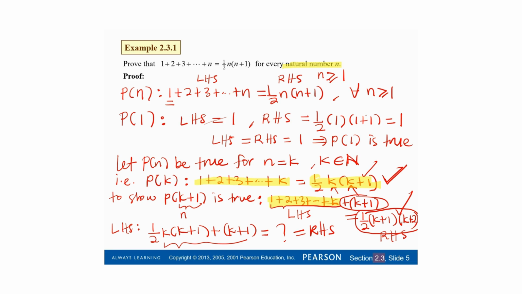Then we can conclude that the statement 1 plus 2 plus 3 plus up to n equals half n times n plus 1 holds for every natural number. Okay, so that is the first example. Thank you so much.